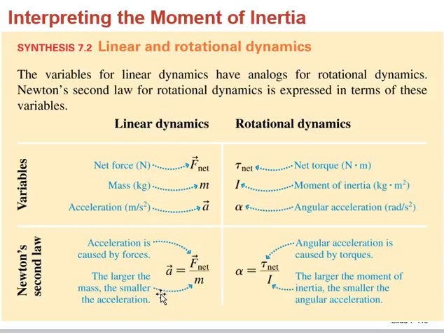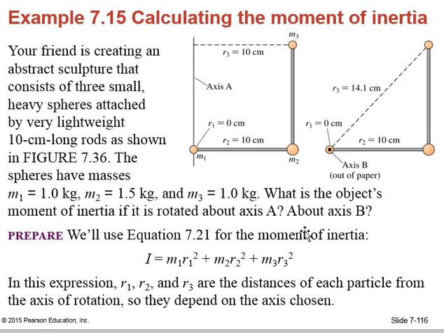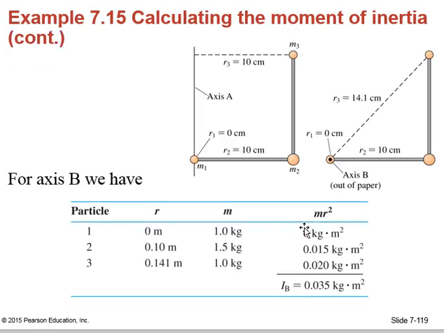In Newton's second law, acceleration is equal to the net force divided by the mass. Before anything can get accelerated, you've got to have a force on it, but that is going to be affected by the mass, and both of those together determine the acceleration. And the same thing rotationally: you have a torque or a bunch of torques working together, and that's going to be affected by the moment of inertia of the object.